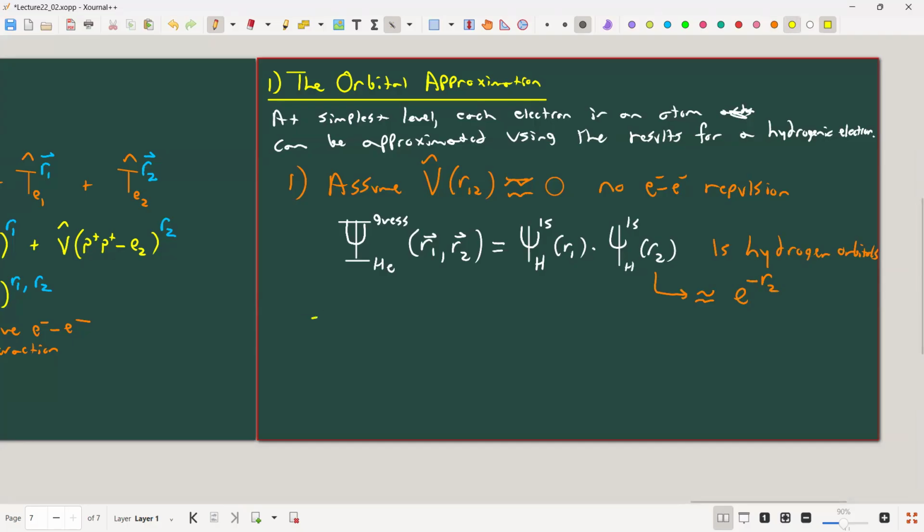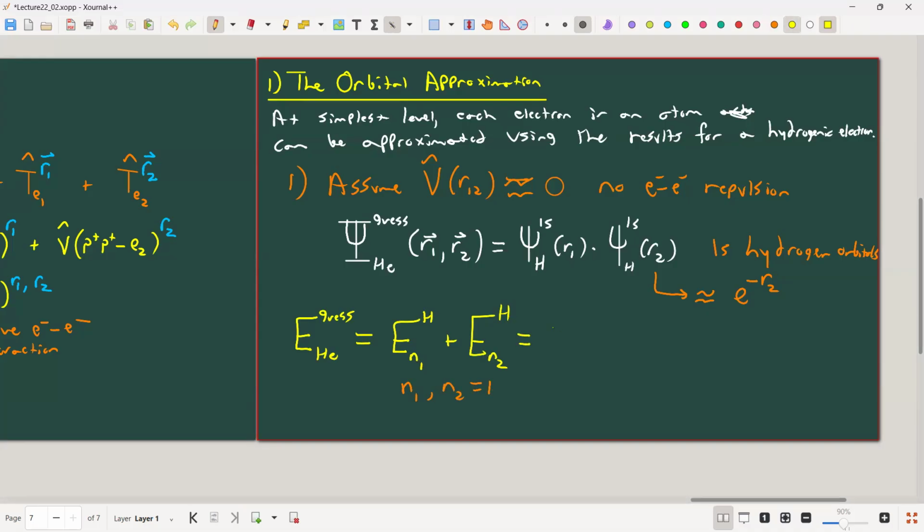All right, what this means is that the guess energy of helium is going to be equal to the energy of one hydrogen atom at some state n1 plus the energy of the hydrogen atom at some state n2. These are ground states, so n1 and n2 are 1.